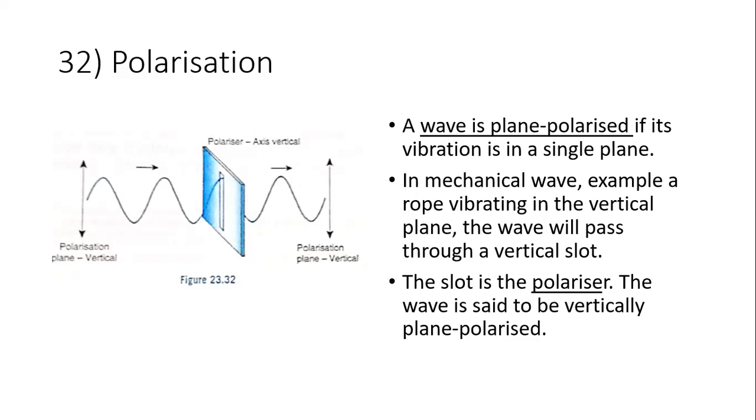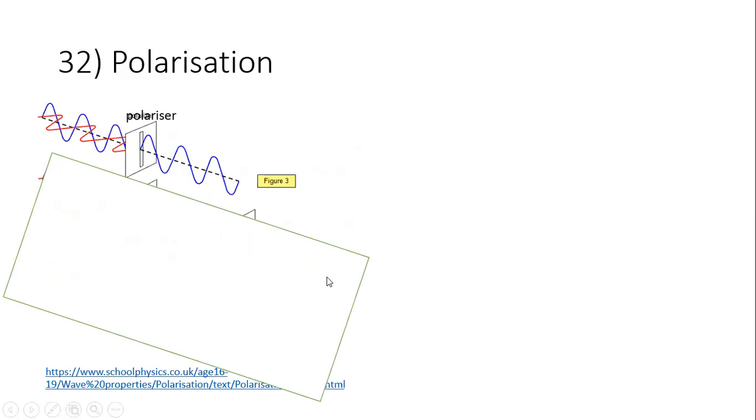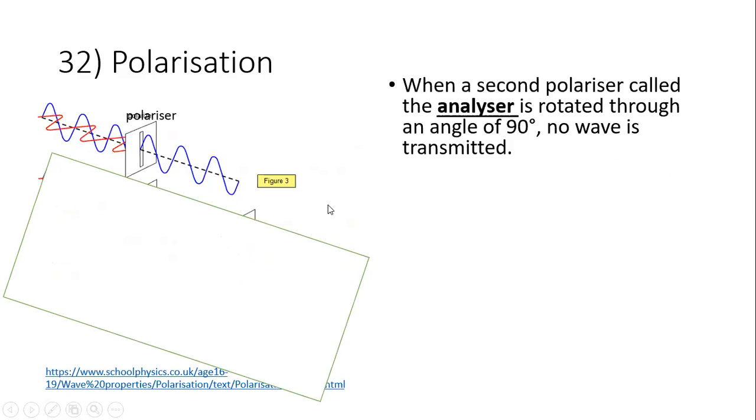Okay, let's carry on. The slot is called the polarizer. The wave is said to be vertically plane polarized. We can use another one. When a second polarizer, called the analyzer, is rotated through an angle of 90 degrees, no wave is transmitted.